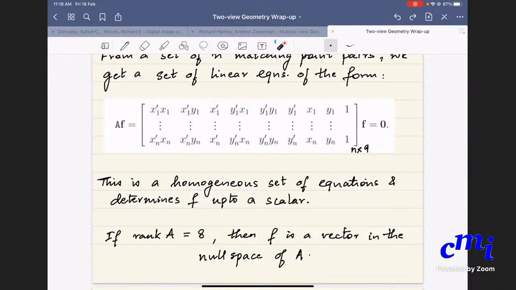No, you don't know what will happen if rank of A is 6? What kind of system of equations will this be?